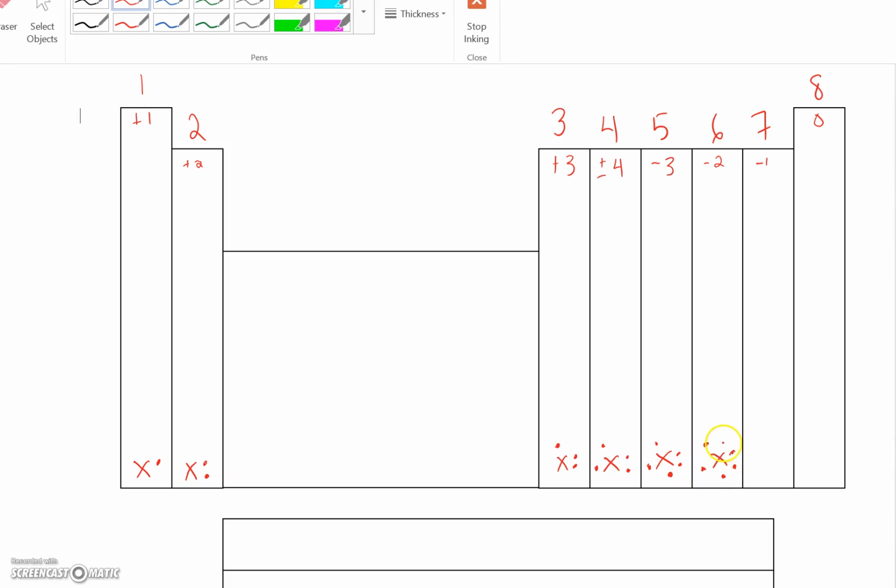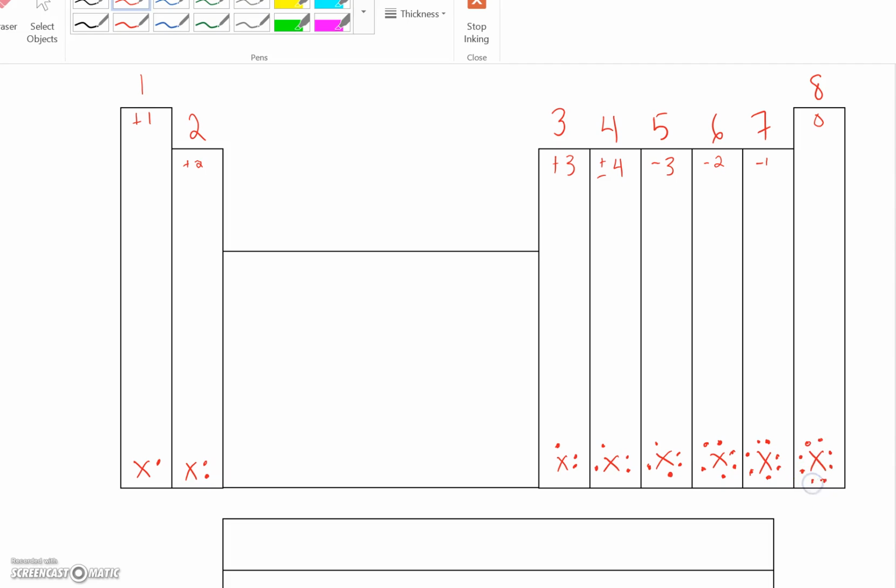And again, it doesn't matter where we double up first. I'm just going to double up on the first one again. 1, 2, 3, 4, 5, 6, 7. And then for 8, we're going to end up filling all of them in.